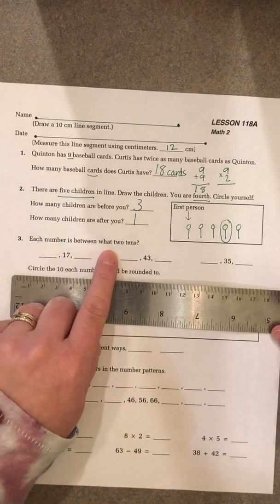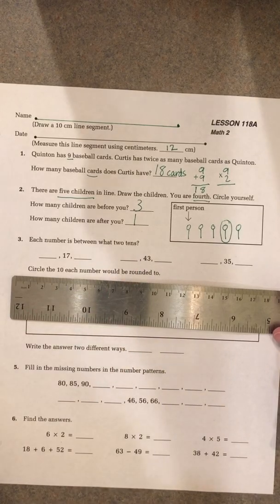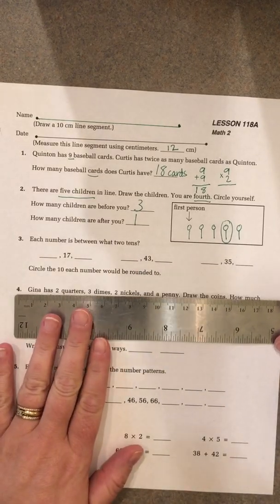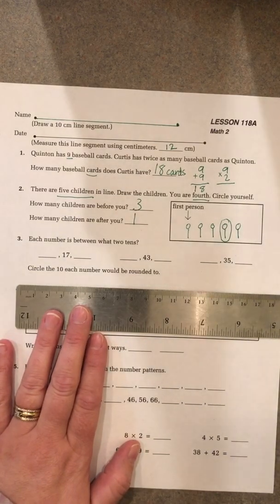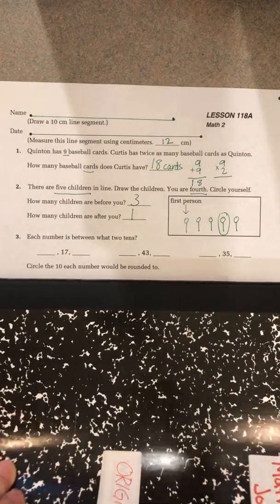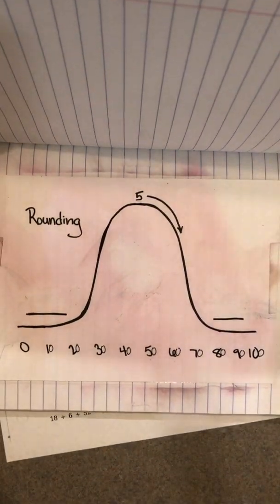Each number is between what 2 tens? So when we count by tens, let's see, I don't know if we've done this yet. I can't remember. So I'm going to get this little thing out. So this is a roller coaster.